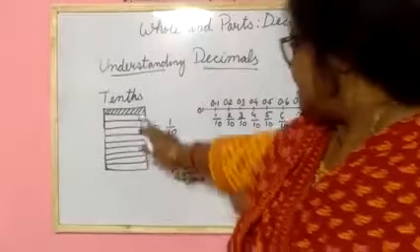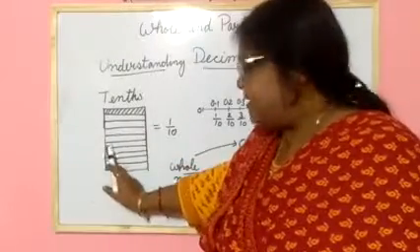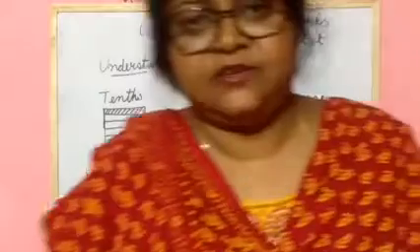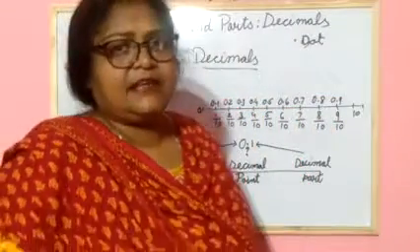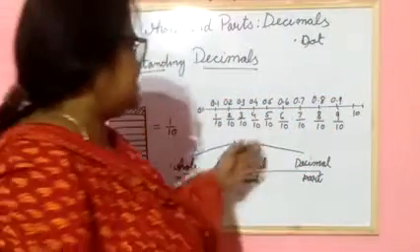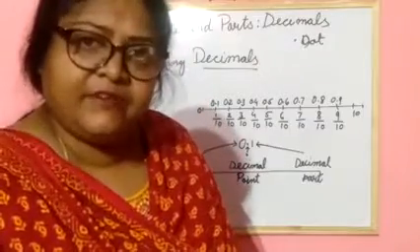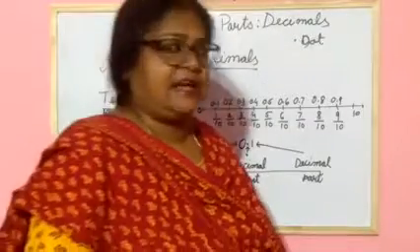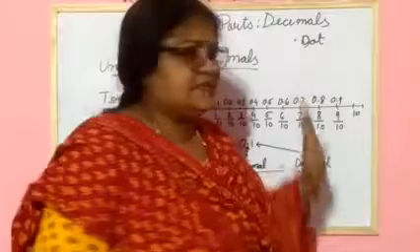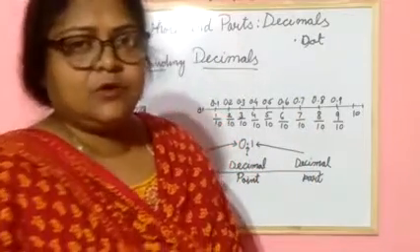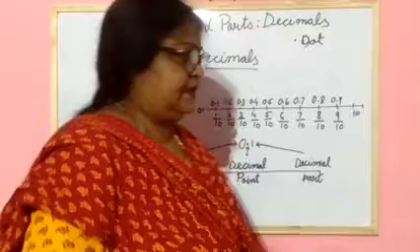In this way, if 5 parts, then 5 by 10. If 6 parts are shaded, you will write 6 by 10. If 7 parts are shaded, 7 by 10. 8 parts, 8 by 10. If 9 parts are shaded, 9 by 10. And the whole is known as the whole part, 10 parts. Okay.